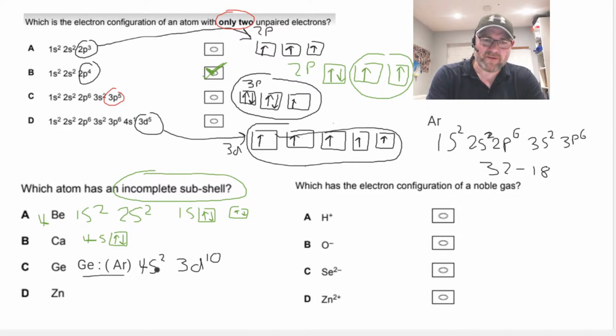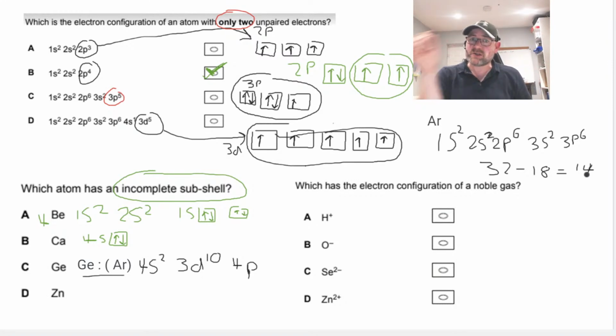It's going to have 2 in the 4s, 10 in the 3d, and then it goes back to 4p, which you would think would come next. Remember we said there's 14 electrons left over. It should go 4s, 4p, 4d, but it goes 4s, 3d, jumps back and fills the 3d in.